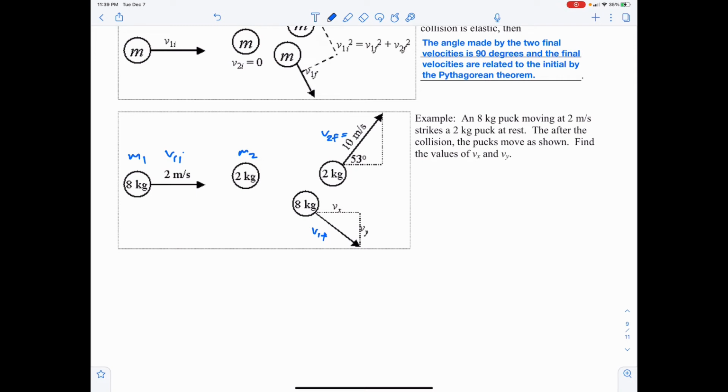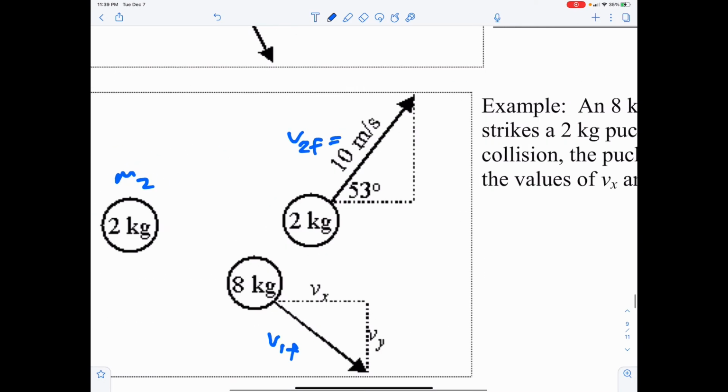One of the things I would do to make the problem work for us is, we see that you have the hypotenuse there, so find the components. This would be V2 final in the X direction, and this would be V2 final in the Y direction.